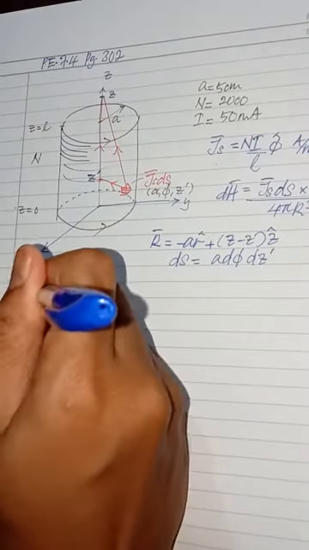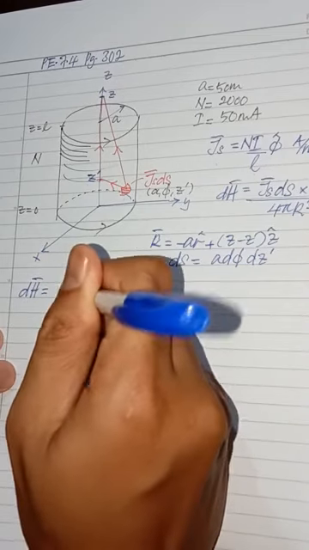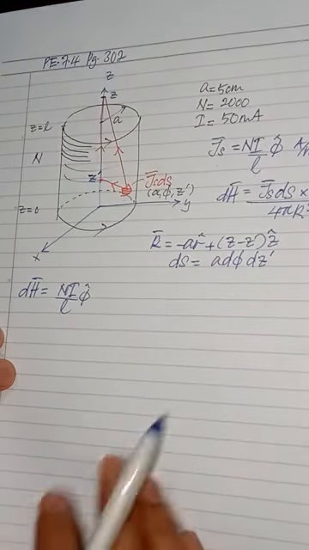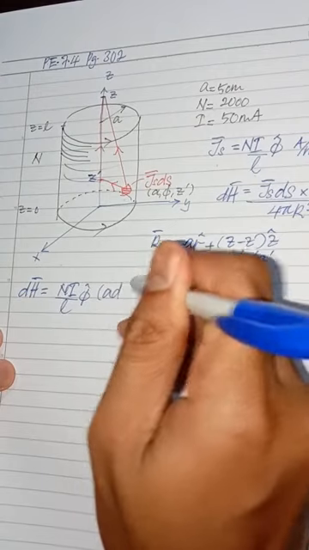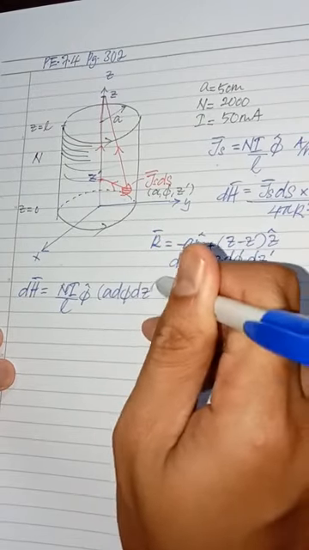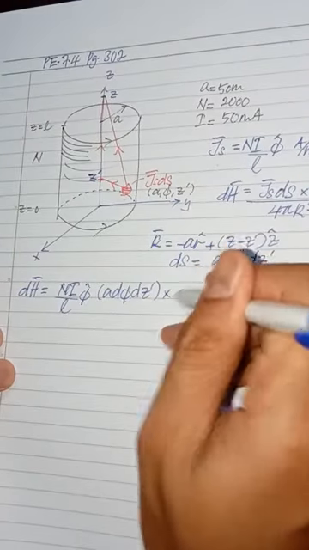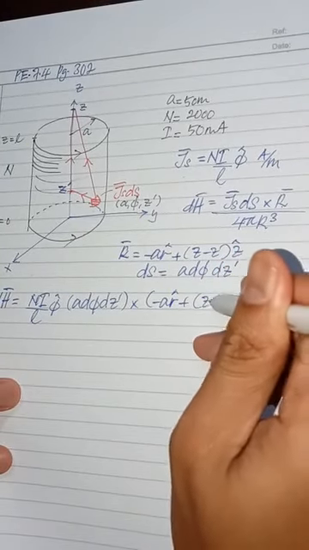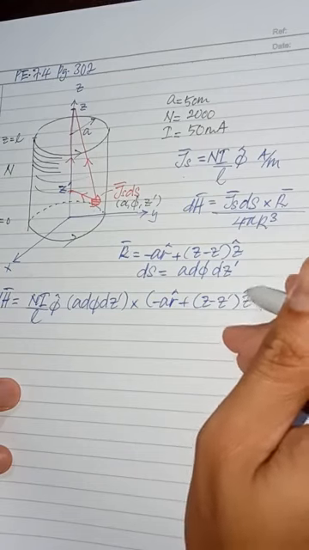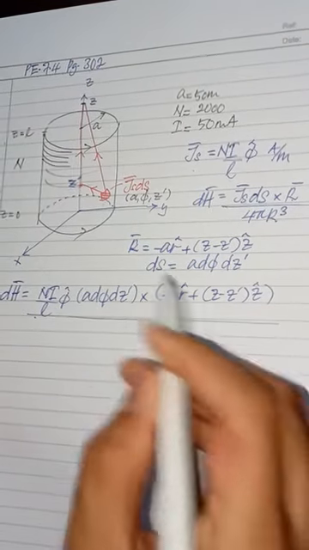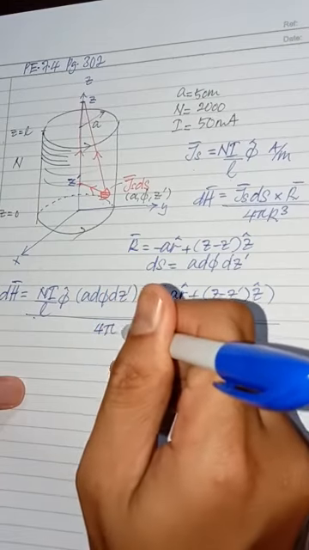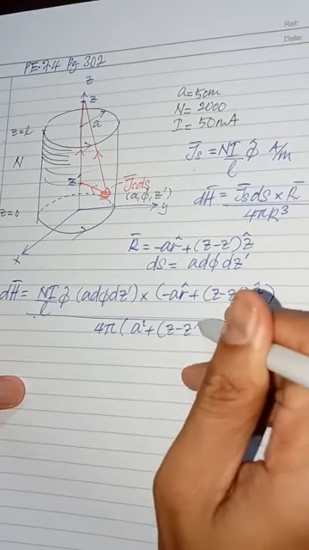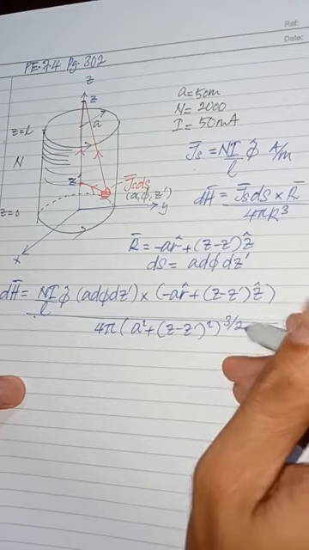What you have finally, the dH here becomes the NI over L phi component, and then the DS here, A d phi dz prime, and then cross negative A R component plus Z minus Z prime Z component, and over 4 pi, and here we have A squared plus Z minus Z prime squared to the power of 3 over 2.